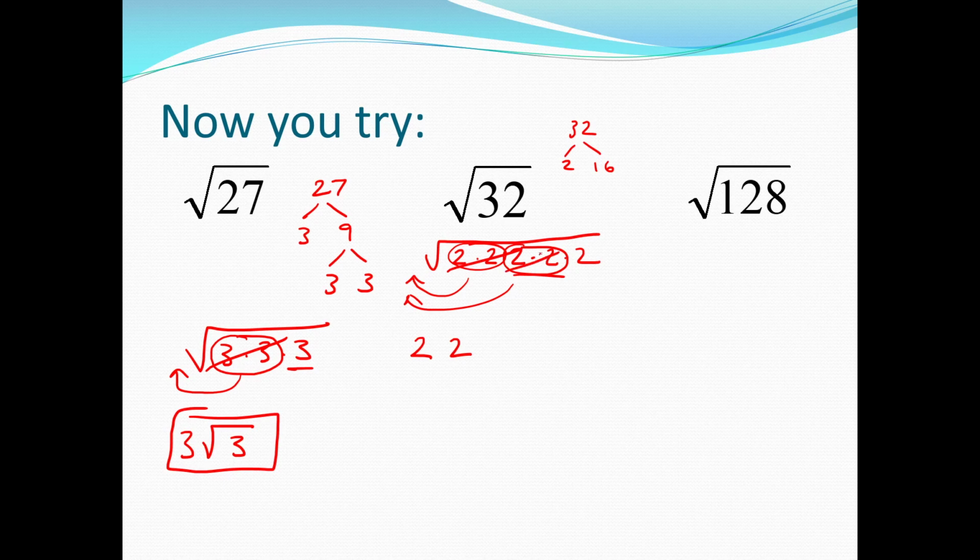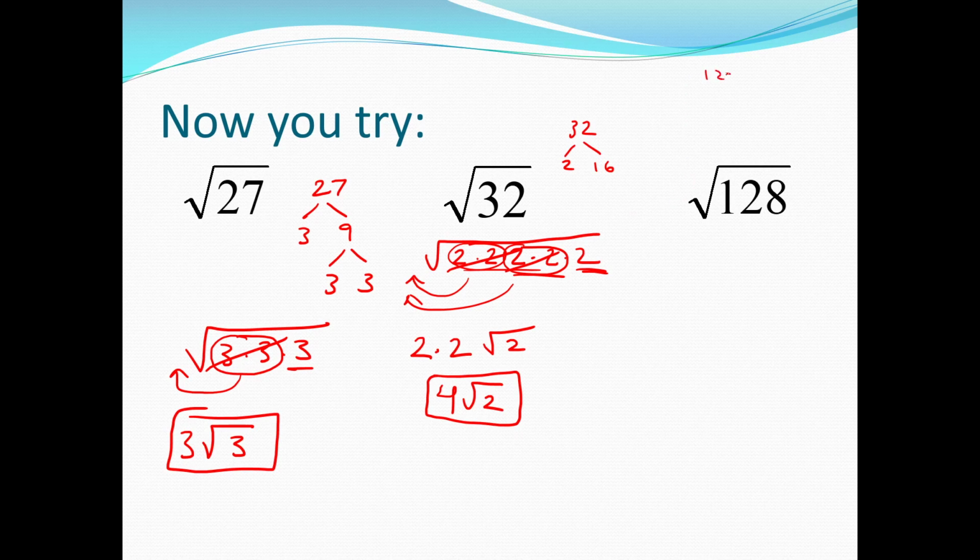For each thing you circle, pull 1 2 out. So you started with 4 2s, you end up with 2 2s, and then you're still multiplying even when you pull them out. Okay, you didn't circle one of the 2s, so that stays behind, and now clean this up. 2 times 2 is 4, and you win. You are done.